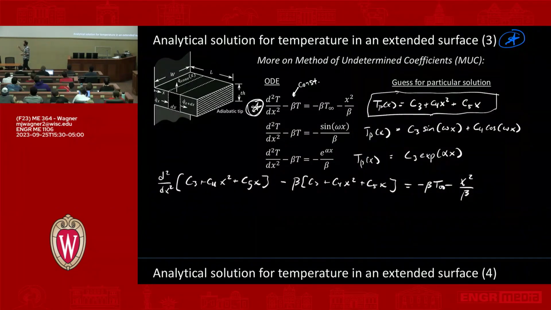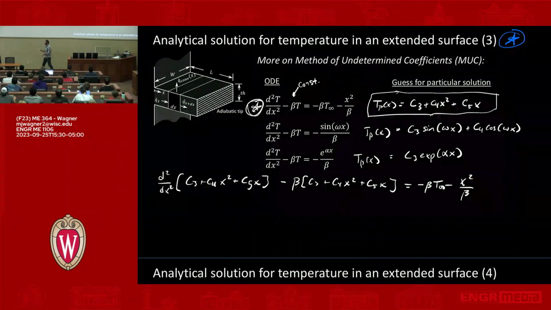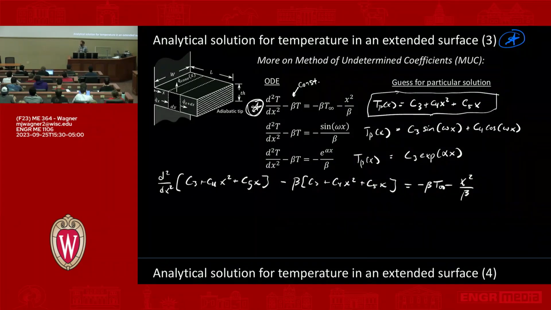I have to be able to pick a value of x, and this equation has to be true regardless of the value I pick. So what that really means is that anything involving x squared can be isolated as its own equation, right? That has to internally be consistent. Anything involving x has to be internally consistent. And so you can separate out these different equations based on the order of the term that's involved.